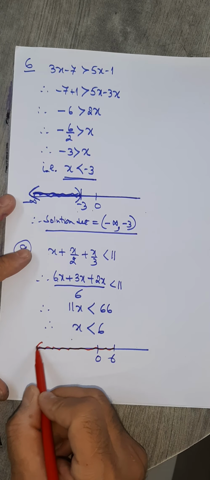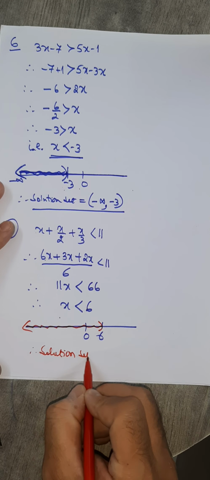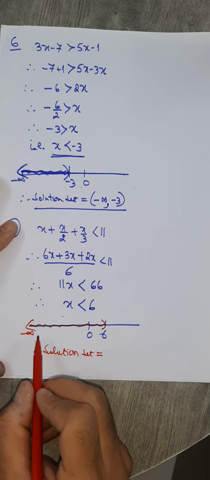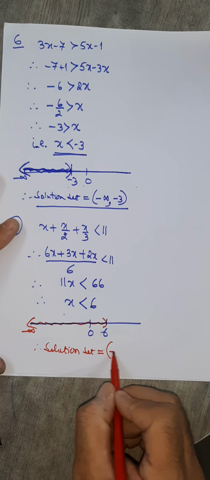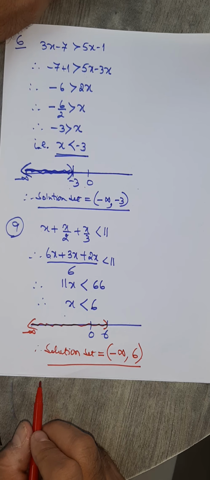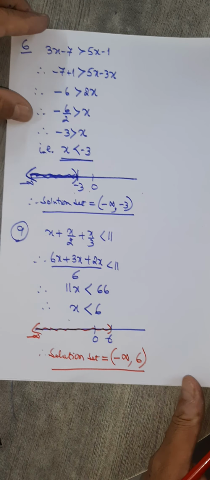So what's the solution here? The solution set goes up to minus infinity. Minus infinity to 6, remember. Till 6. Open interval. Closed interval won't be there.